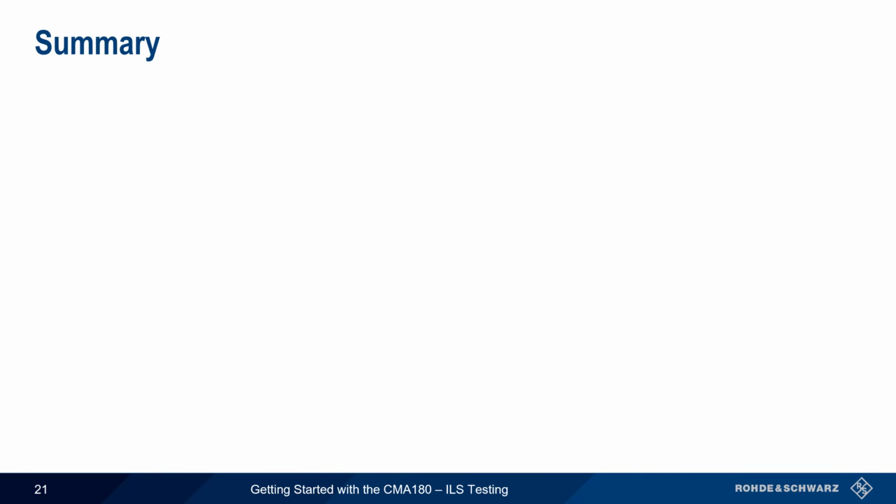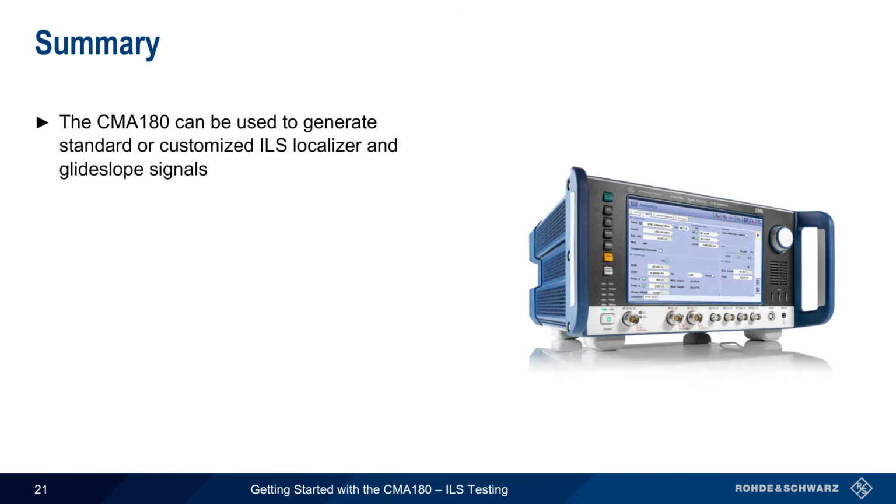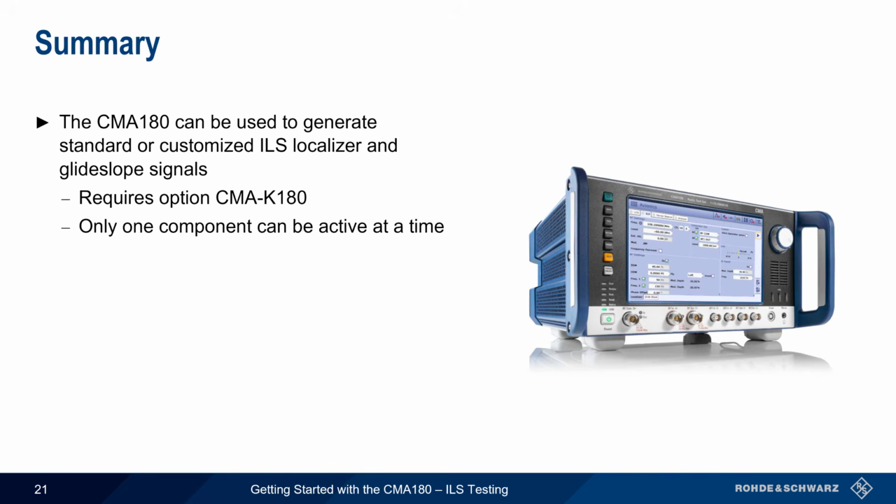Let's end with a brief summary. The Rohde Schwarz CMA180 radio test set can be used to generate standard and customized ILS localizer and glide slope signals. This requires software option K180. Note too that only one component, that is either localizer or a glide slope, can be active at a time.